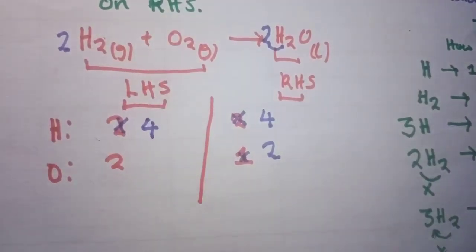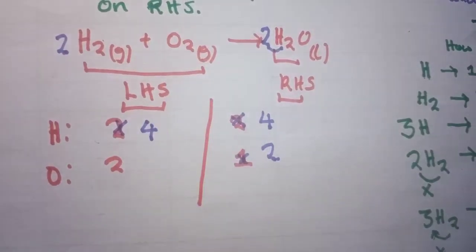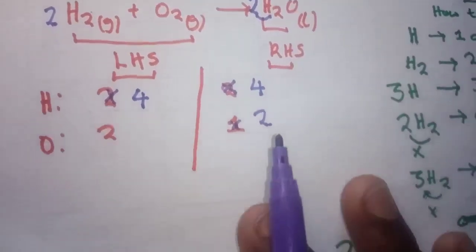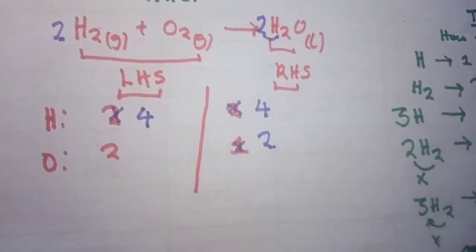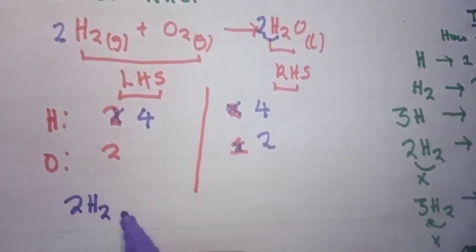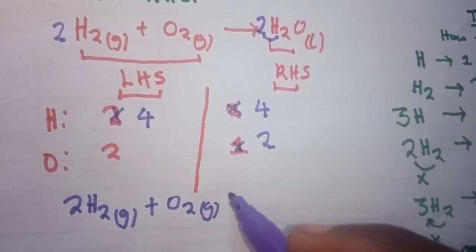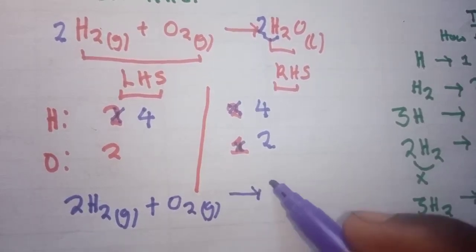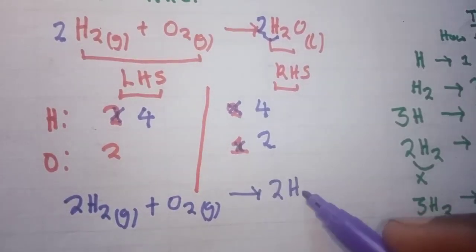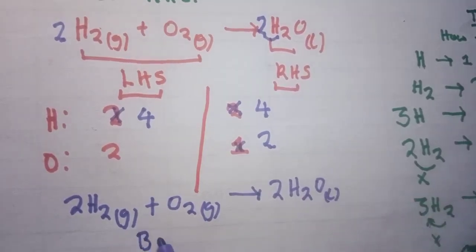So it has balanced, 4, 4, 2, 2. Hence, the balanced chemical equation is 2H2 gas plus O2 gas is equal to 2H2O liquid. So this is the balanced equation.